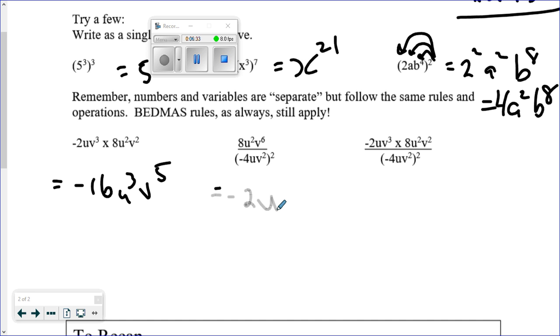Oh, shoot, I'm forgetting my BEDMAS. Now remember, everything gets to the power of 2. Now notice that that negative sign is also inside the bracket, so it's getting squared as well. So negative 4 times negative 4 is positive 16.